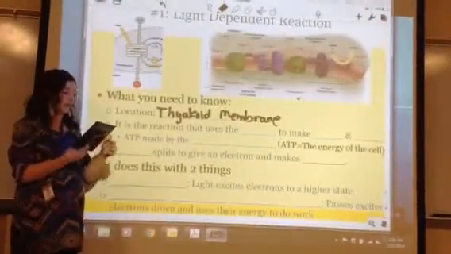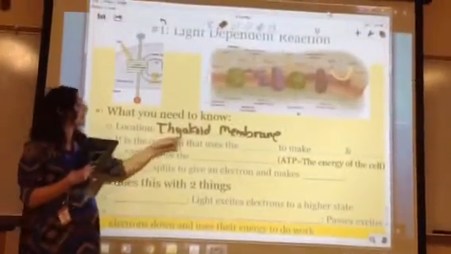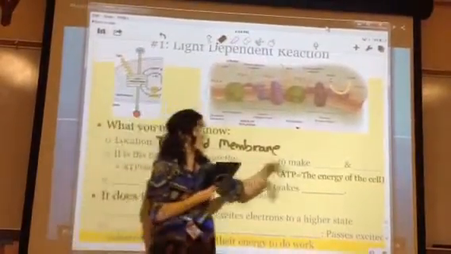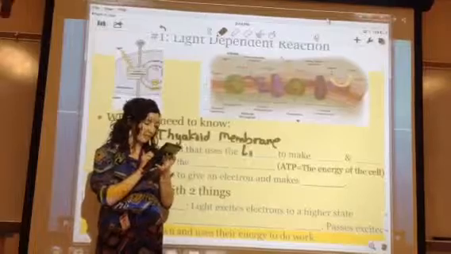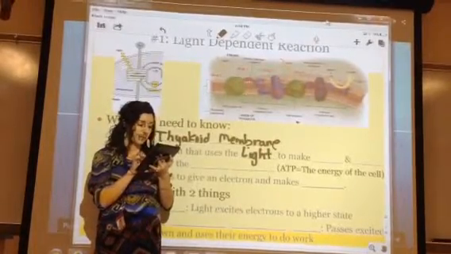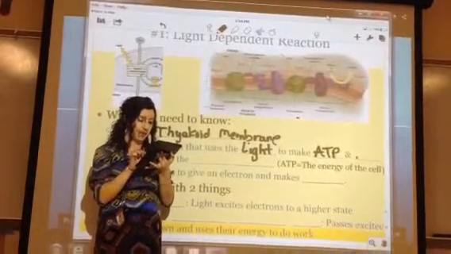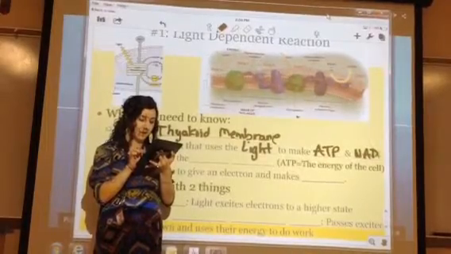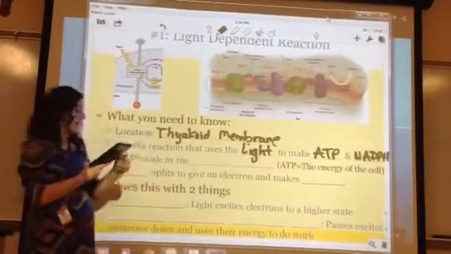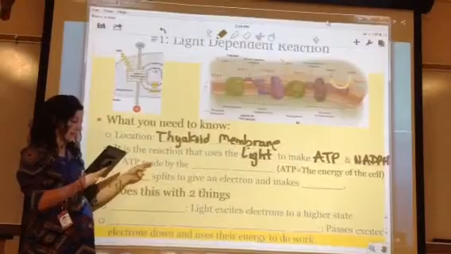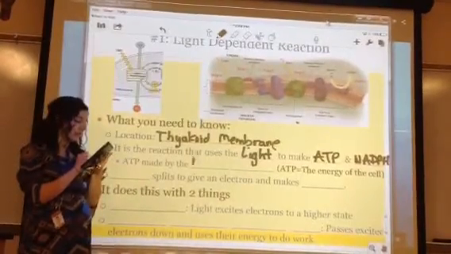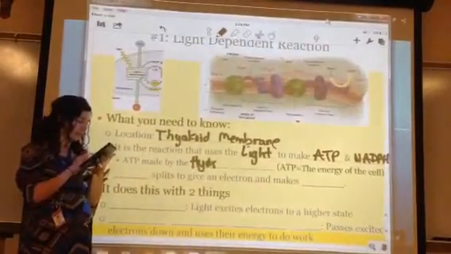It is the reaction that uses the light, good, to make what two things? ATP, good, ATP and NADPH. ATP is made by the hydrogen gradient.